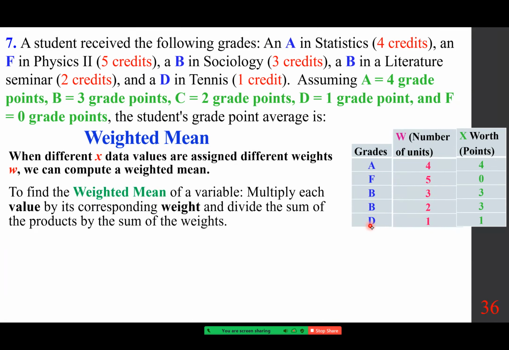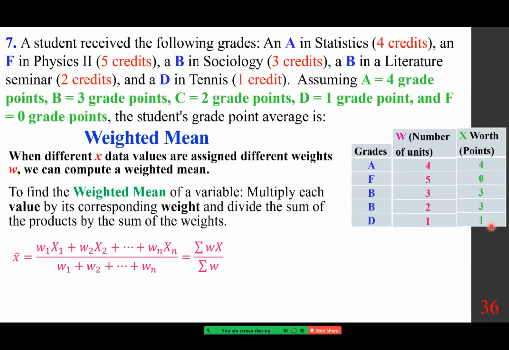So to calculate the weighted average, we use this formula, summation of Wx over summation of W. So that means you multiply this column by this column. 4 times 4, 5 times 0, 3 times 3, 2 times 3, 1 times 1, and you add them up. And you divide by the total number of units, which is 4 plus 5 plus 3 plus 2 plus 1.